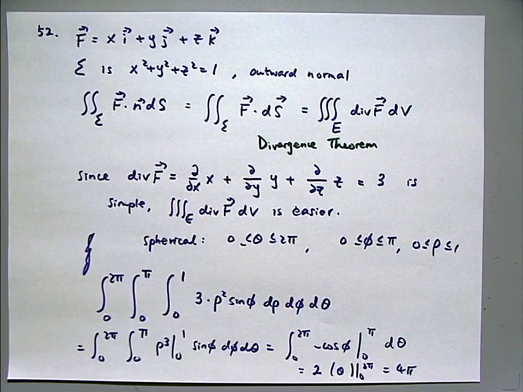Sigma is the complete boundary of the rectangular solid region bounded by the planes. Let me write that down. And n is the outward unit normal, as usual.